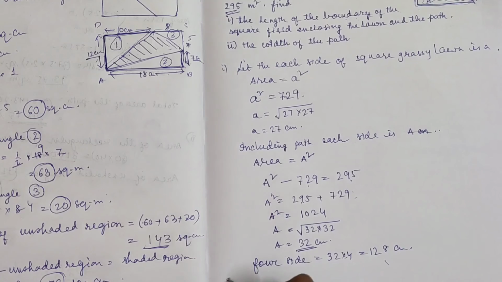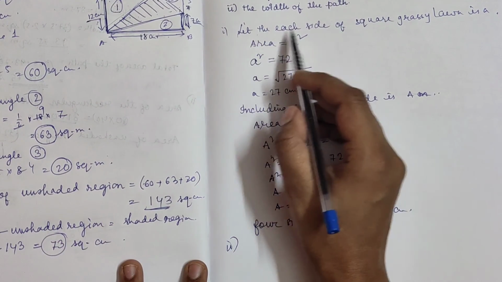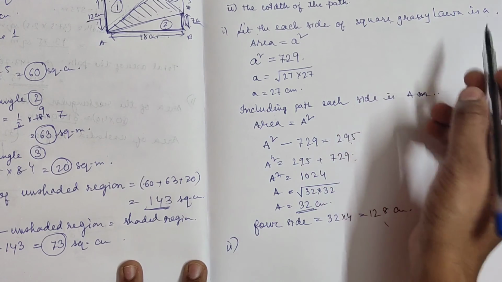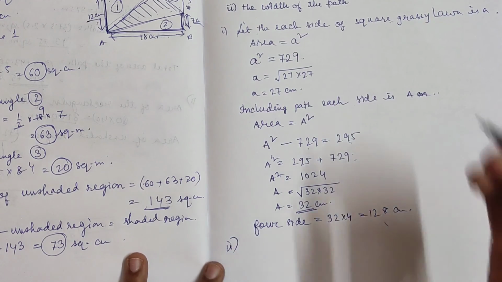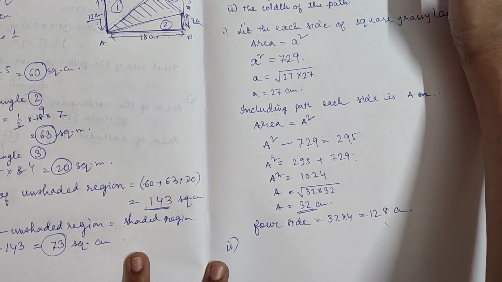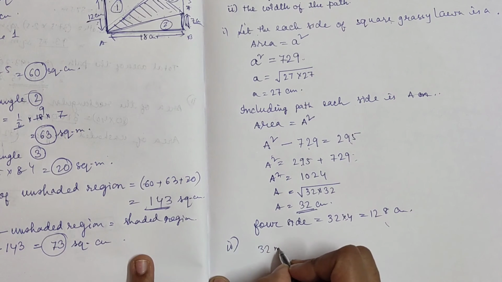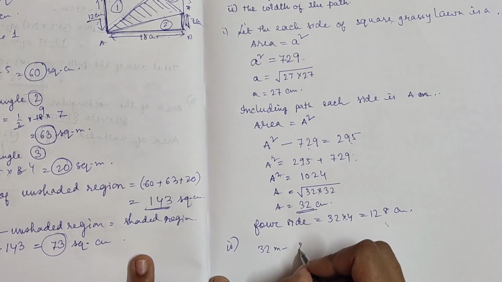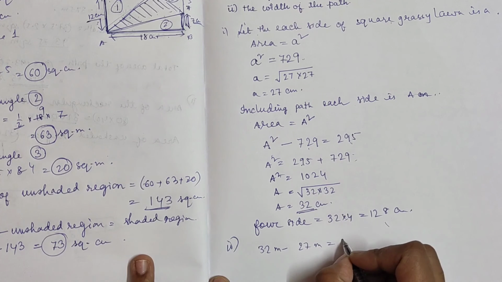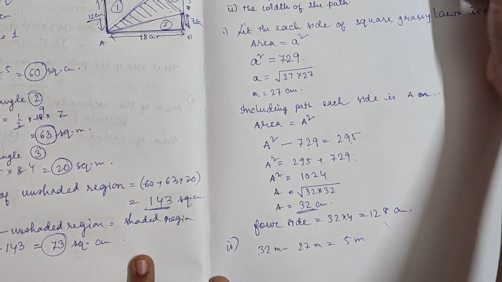Now number 2. In the question, we have to find the width of the path. How can we measure the width of the path? This is each side including the path and each side excluding the path. Each side including the path is 32 meter. Excluding the path, it is 27 meter. So 32 minus 27 is 5 meter, but it is divided into 2 parts.